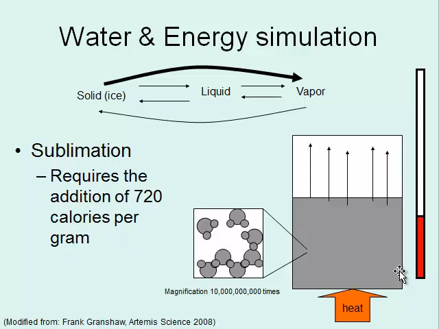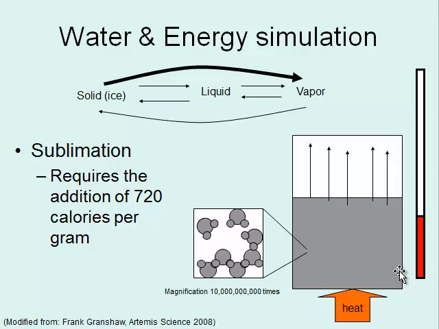So if we go from the solid form to the vapor form, this is called sublimation, and this happens in the wintertime. It happens on glaciers where you go from straight solid ice to the vapor form. It might happen in your freezer as well. You might notice if you look in there, you put some ice cubes in the freezer and you let them sit there for a while, you don't use them, and you go to use them a couple months later and they're way smaller than they used to be.